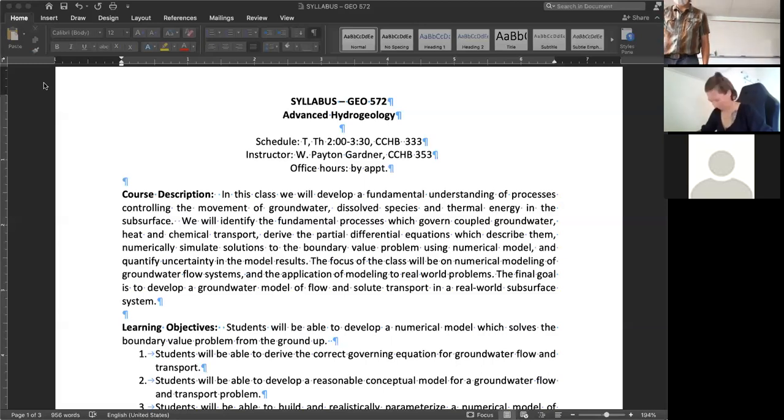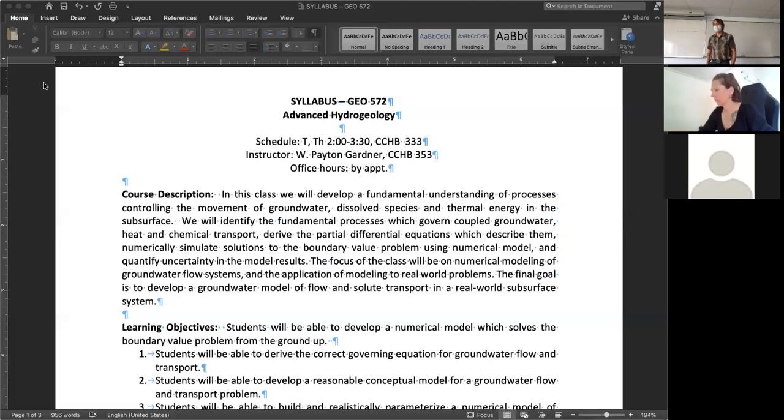All right, so the first thing I want to do is start off by tackling homework assignment number 1, or question number 1. And that is to derive the groundwater flow equation for confined aquifer flow.